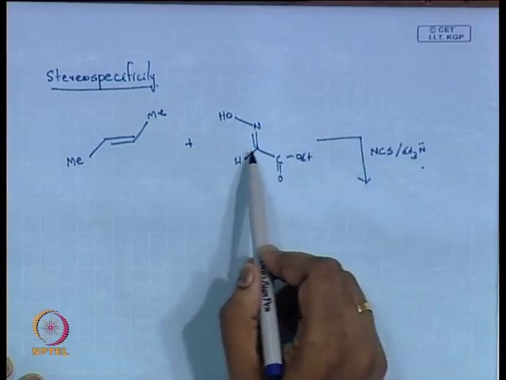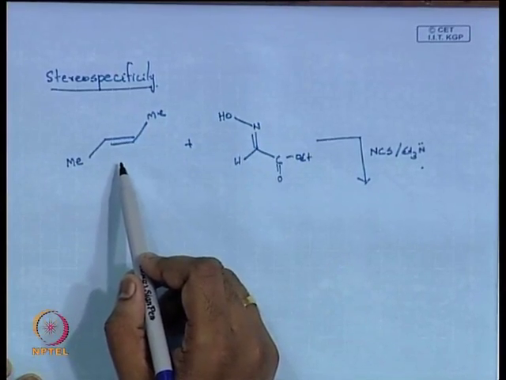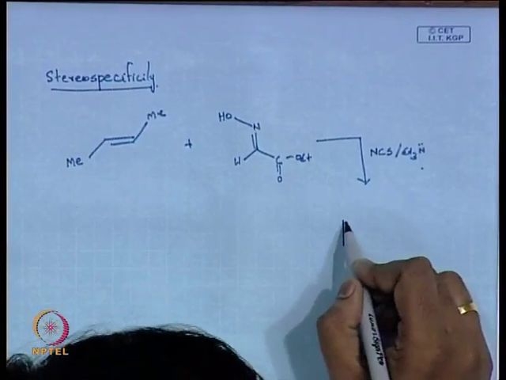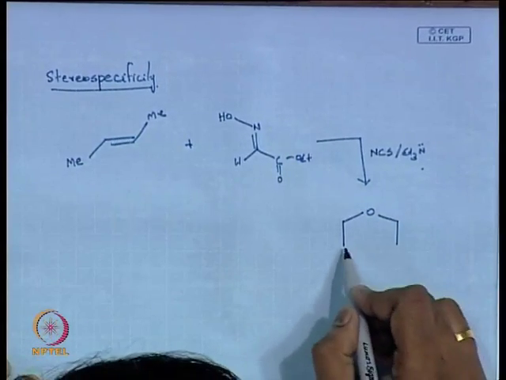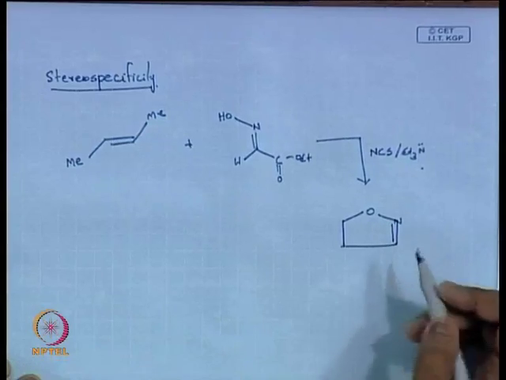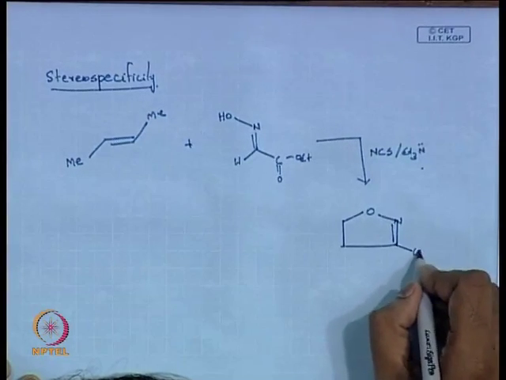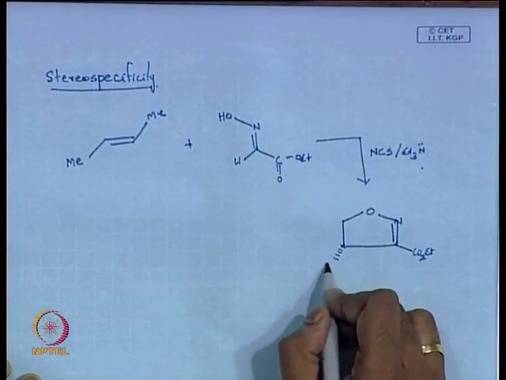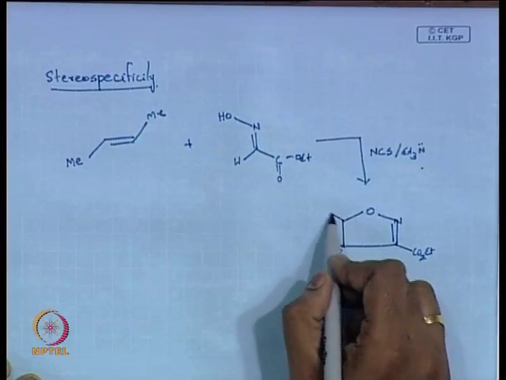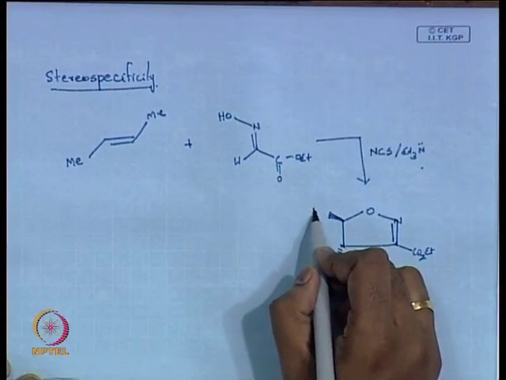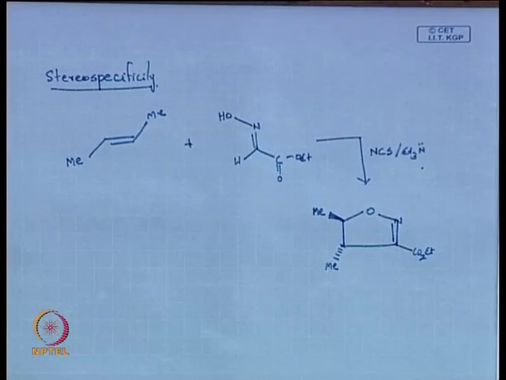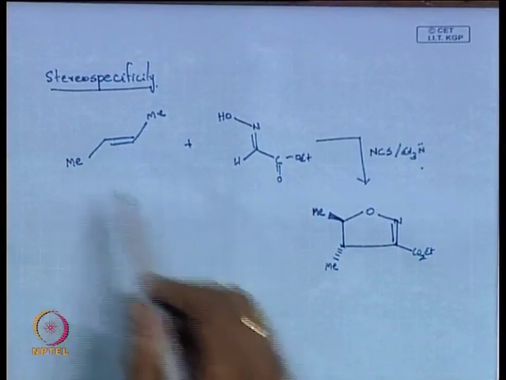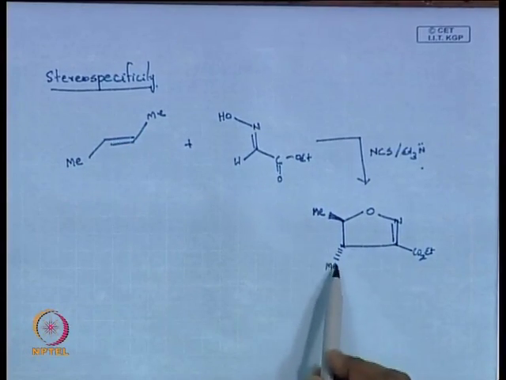This nitrile oxide then reacts with my alkene to give me a product. I get only one product of this type. Olefins are trans, so I get the trans type of product.